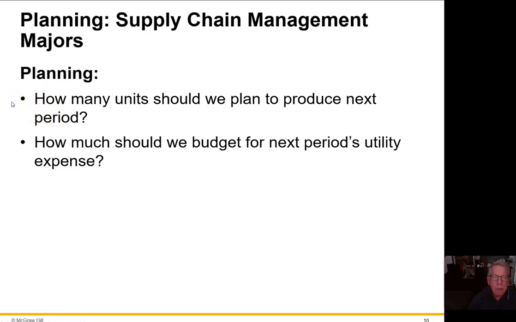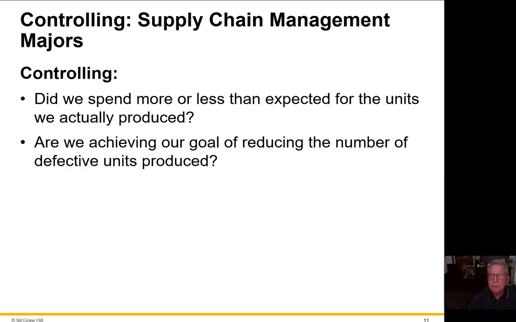units should we plan to produce next period. And then how much should we budget for next period's utility expense, for example. For supply chain management majors, the controlling effort, did we spend more or less than expected for the units we actually produced?